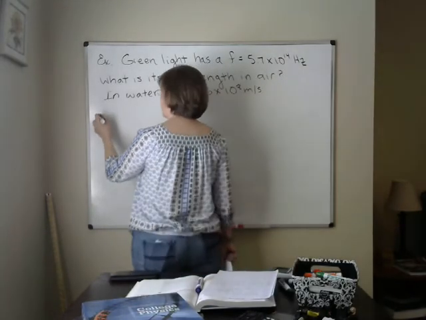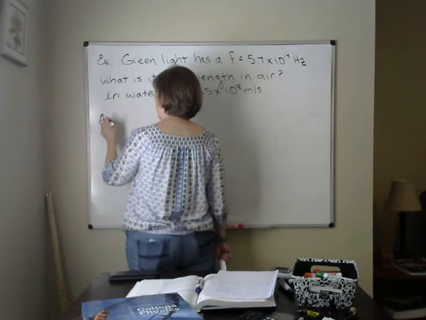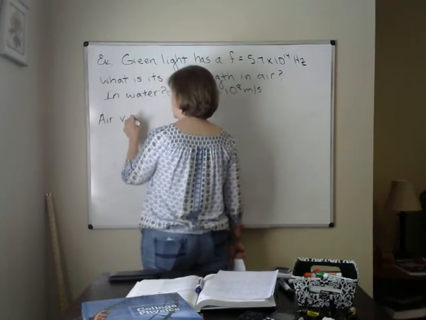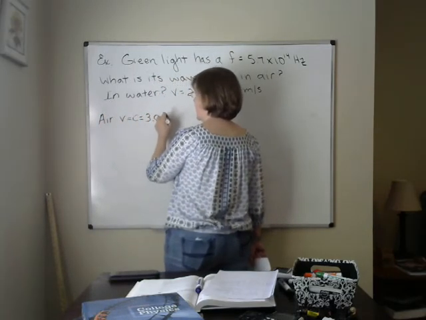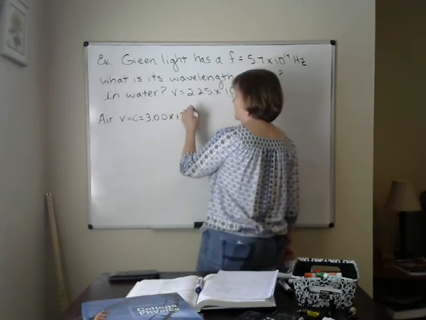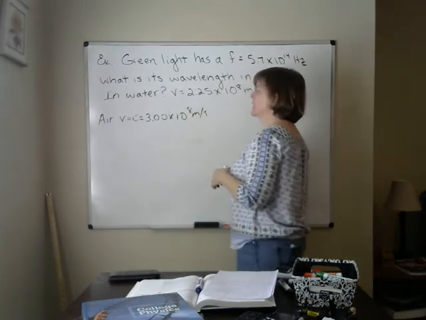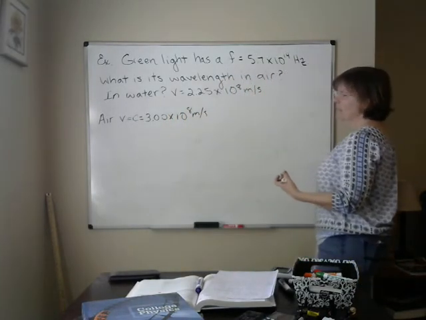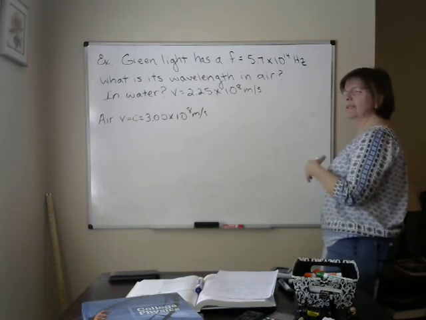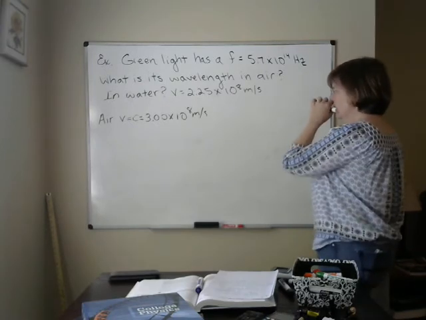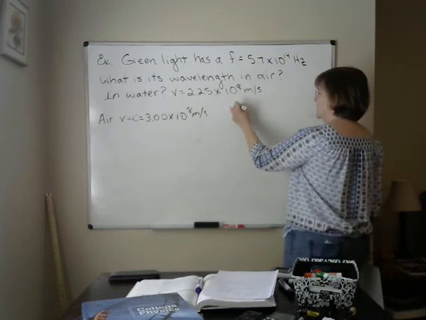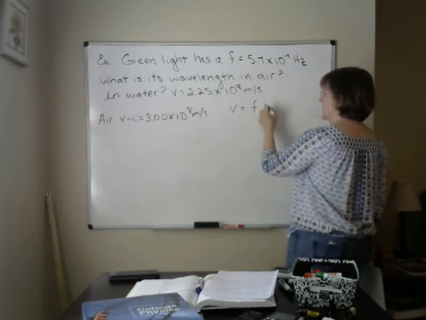In air, the velocity is c, or 3.00 times 10 to the 8th meters per second. Light travels at the speed of light in a vacuum, but it's really the same speed in air. So our formula is v equals f lambda.